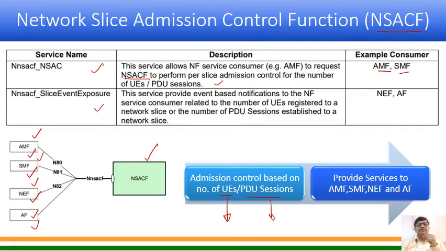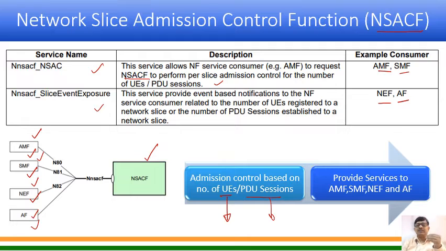The other service is about certain events. So this NSACF provides a count of the number of user equipment connected to a slice, or the number of PDU sessions already established on that slice.